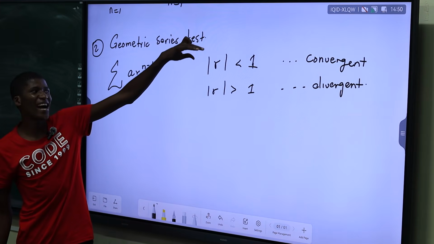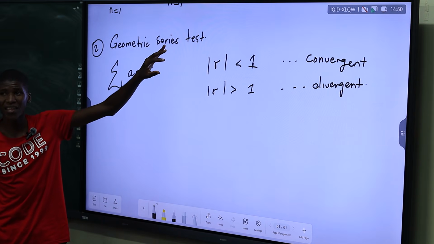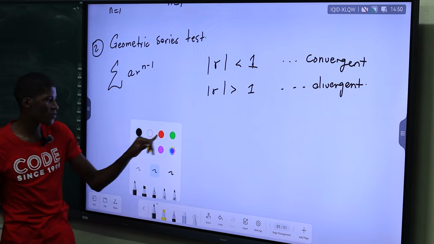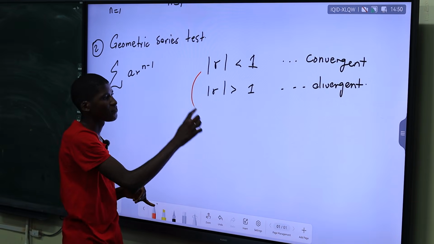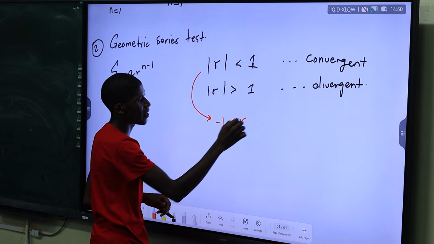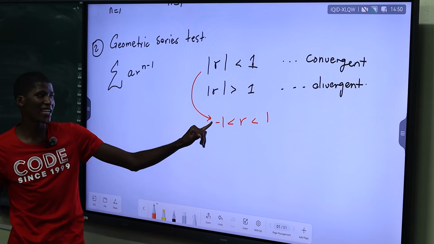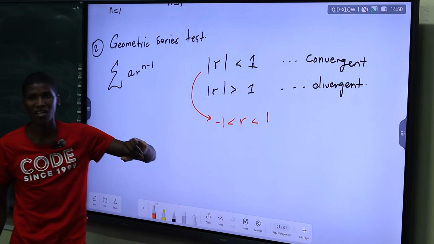The absolute value of r is less than 1, what does that mean about r? r must be between minus 1 and 1. r must be greater than negative 1, and r must be less than 1.